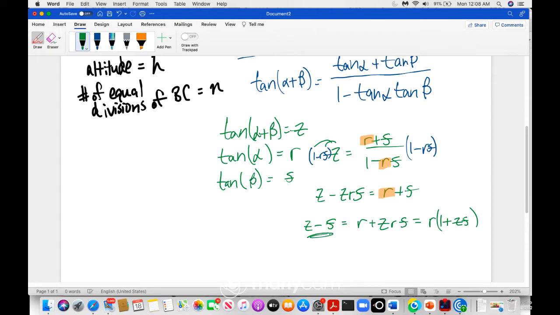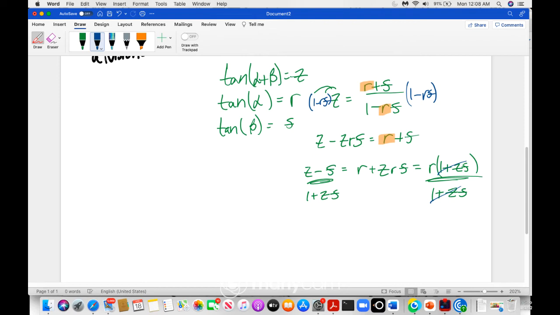Now, if z minus s equals this quantity, I'm going to divide both sides by 1 plus zs. Okay? So then I get that r equals z minus s divided by 1 plus zs. And remember that z, r, and s just represented tangents of angles, and I only made this substitution so that it was less strenuous to actually do the algebra.